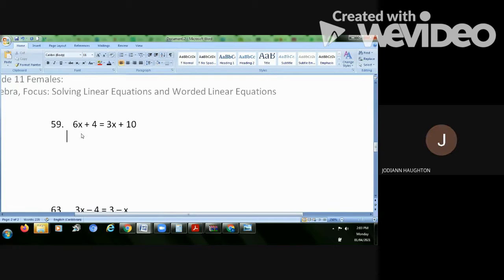You go write down 6x plus 4 equals 3x plus 10. Then I say equal, 3x subtract 3x plus 10.